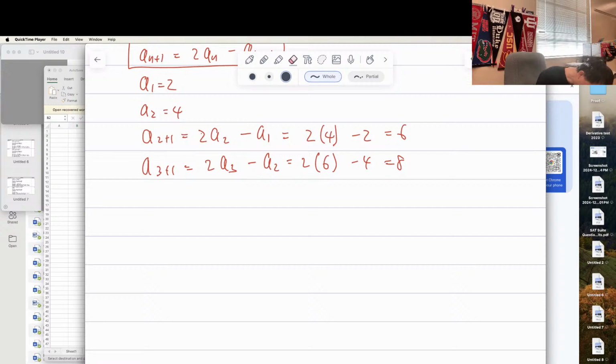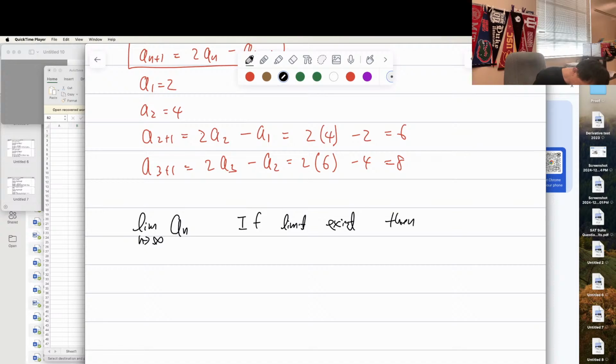So you can say the limit as n approaches infinity of the sequence a to the n, if the limit exists, then the sequence is convergent.